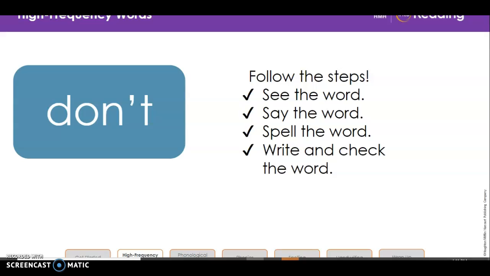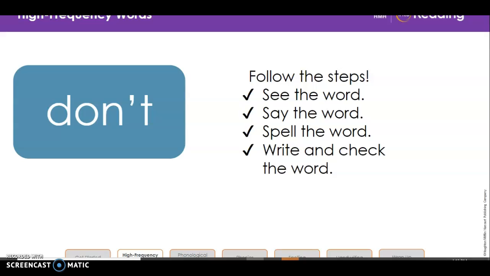D-O-N-apostrophe-T. The word don't is called a contraction, a short way to write and say do not. The letter O stands for the sound oo in the word do, but in the word don't, the O stands for the long O sound, o. The apostrophe takes the place of the O in not.